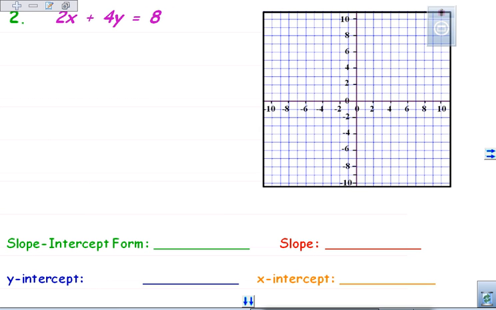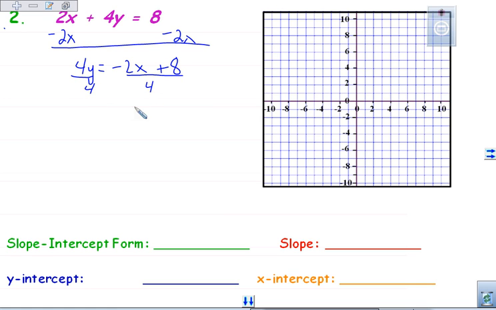Here's a second example. We want to get this in slope-intercept form first. So we're going to subtract 2x. And we're left with 4y is equal to negative 2x plus 8. And now we need to divide by 4. And all three pieces have to be divided by 4.